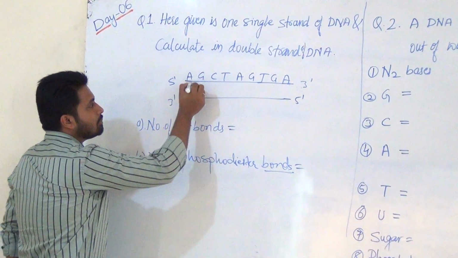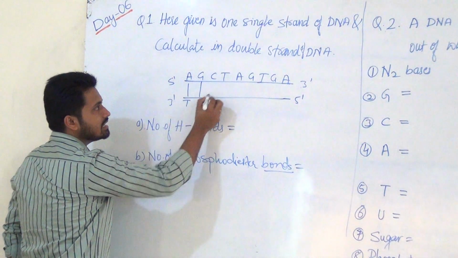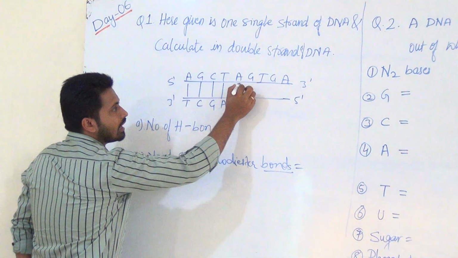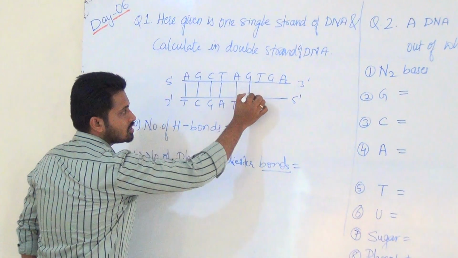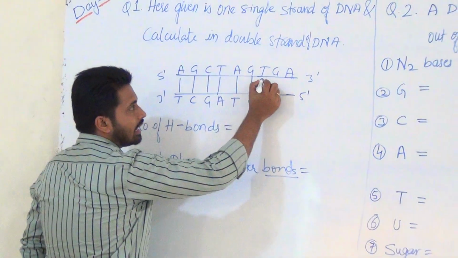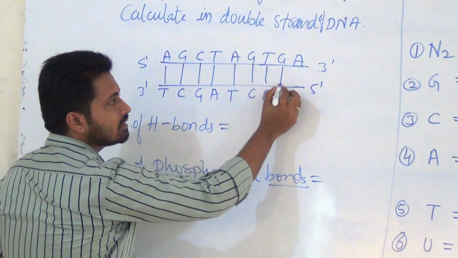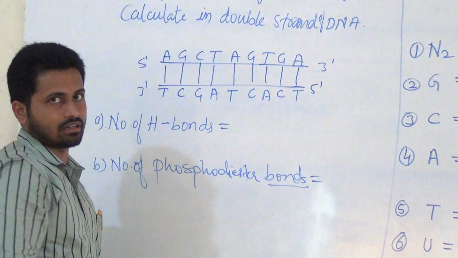So A pairs with T, G pairs with C, C pairs with G, T pairs with A, and the next A pairs with T. G pairs with cytosine, T pairs with adenine, G guanine pairs with cytosine again, and adenine pairs with thymine.